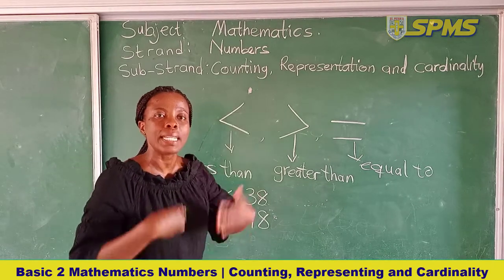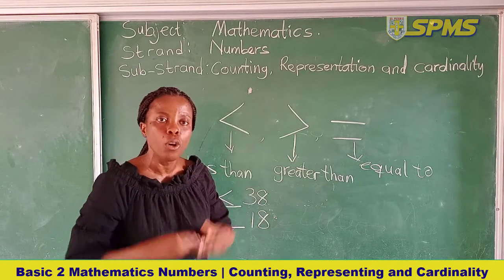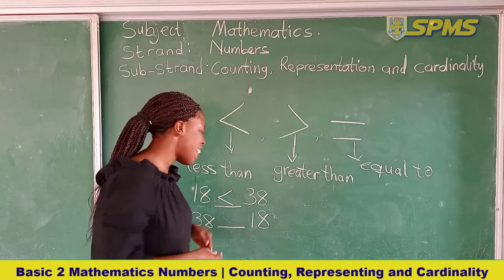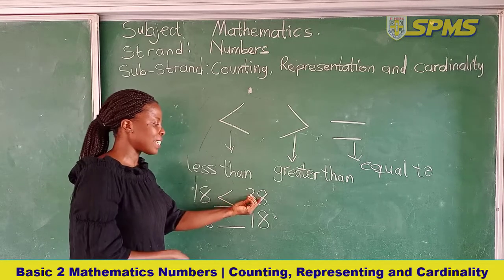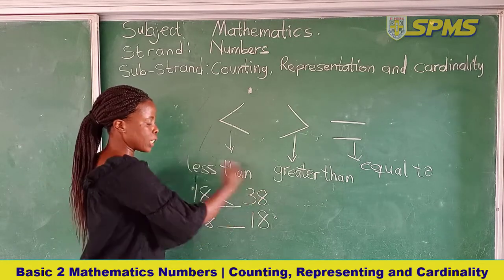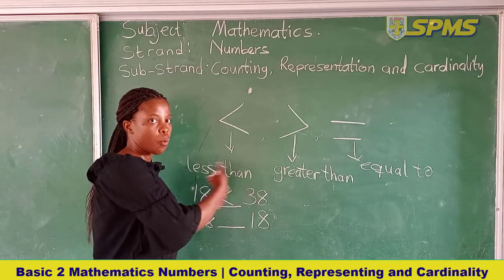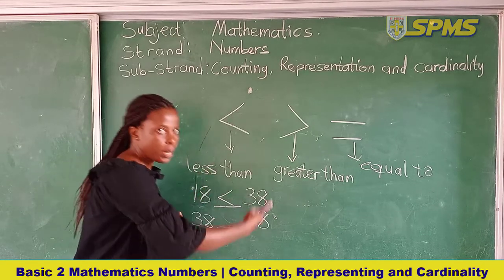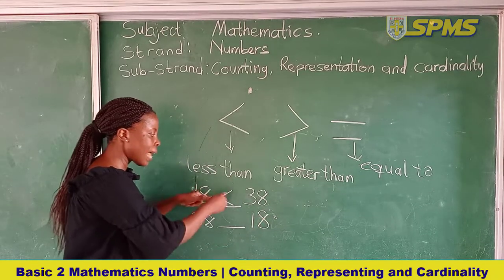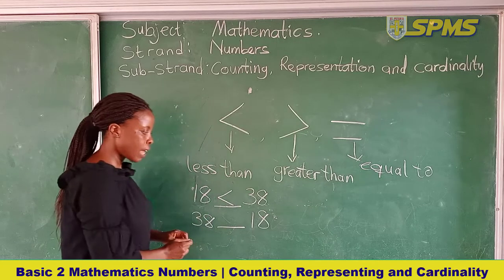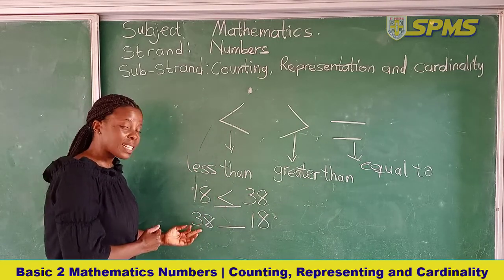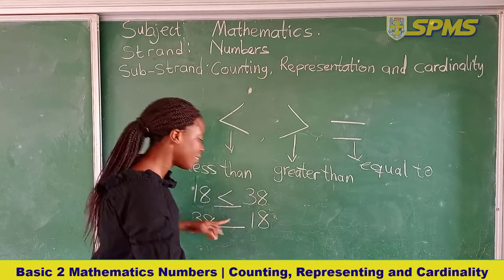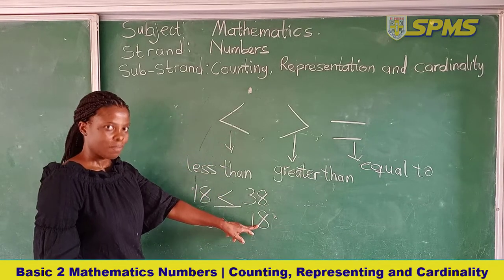The first number determines the symbol you will use. Don't say, oh, the first number, this one is 18, this one is 38, this one is bigger than this. We don't do it this way. We don't go backwards. We go forward. So 18 is less than 38. After changing the position of the numbers, now we can say 38 is greater than 18.